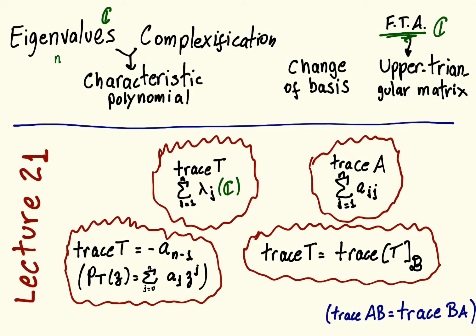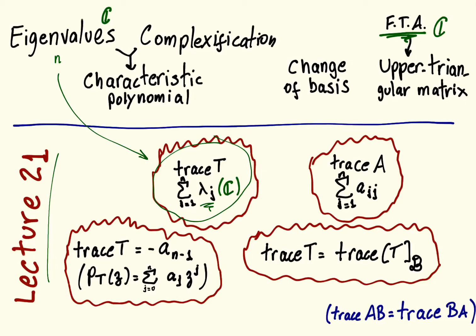And then in this lecture, lecture 21, we defined the trace of an operator as the sum of all its n eigenvalues. So we take the complexification of the operator, look at those n eigenvalues with multiplicity, sum them, and we call that the trace.